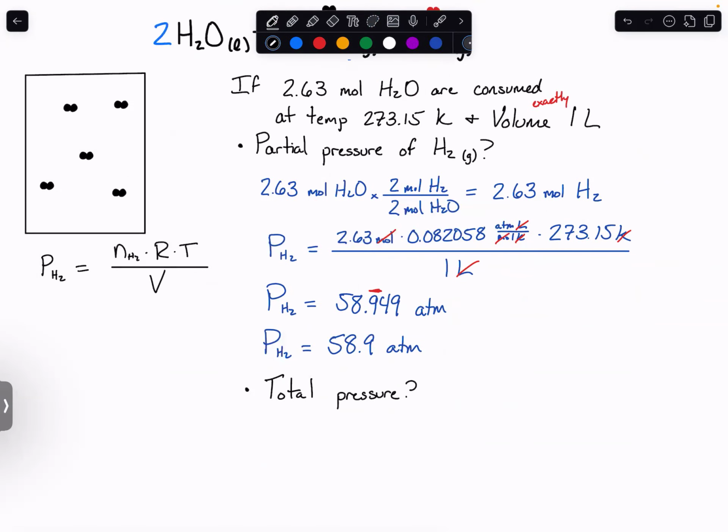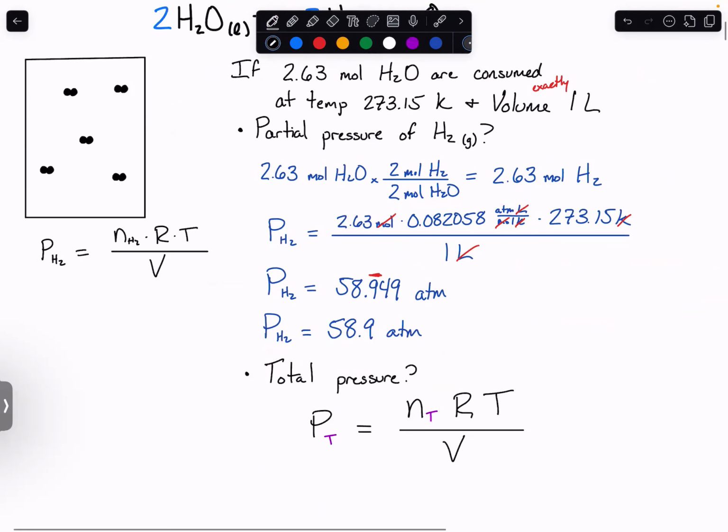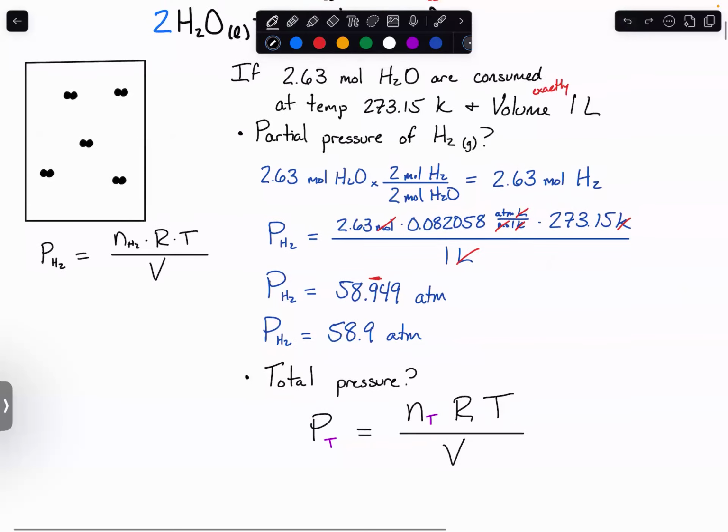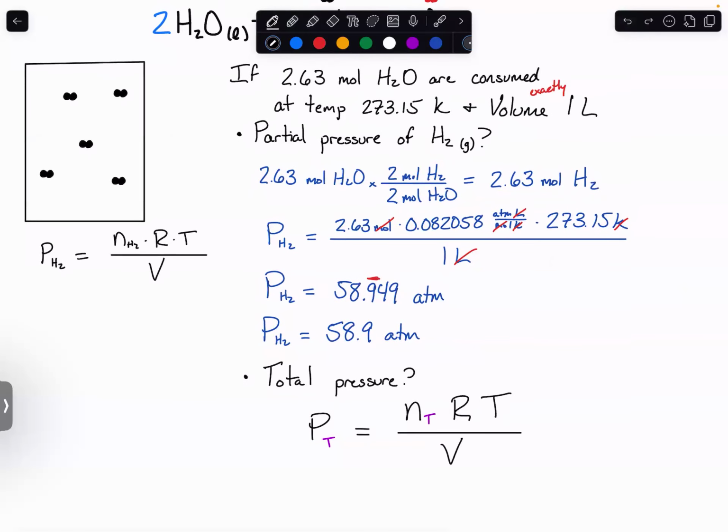Or, the quickest math-wise, is to use the fact that the total pressure is equal to the total number of moles of gas times RT over V. I have my number of moles of hydrogen gas. All right, now that this problem actually makes sense, everybody take a second and see if you can figure out what the total pressure is in this system.